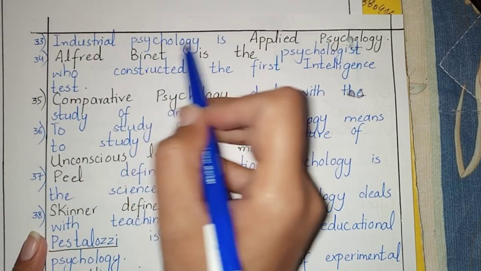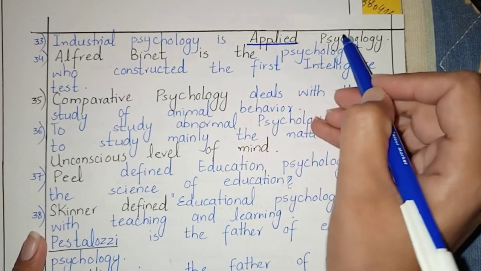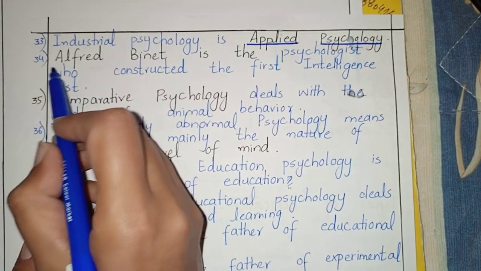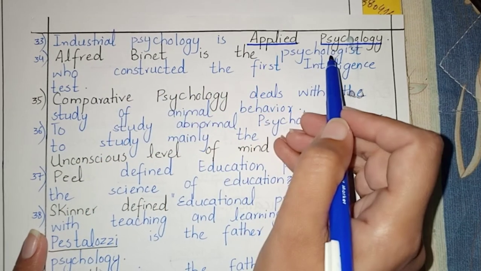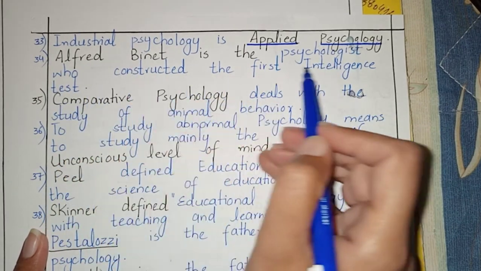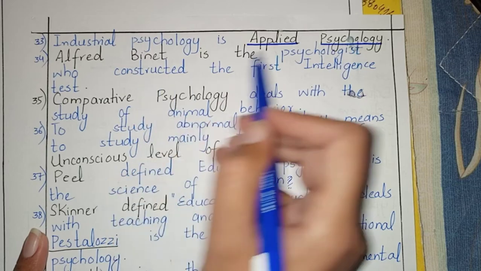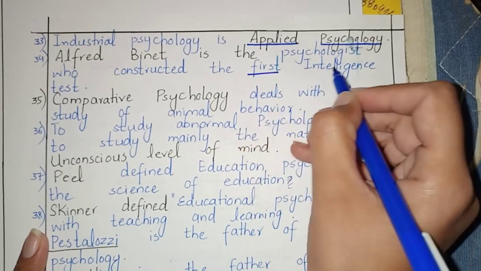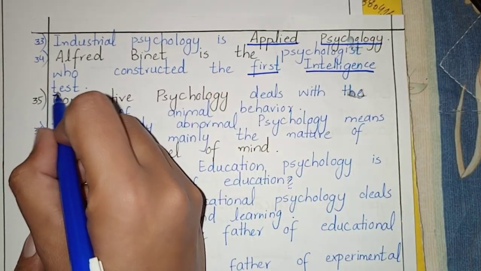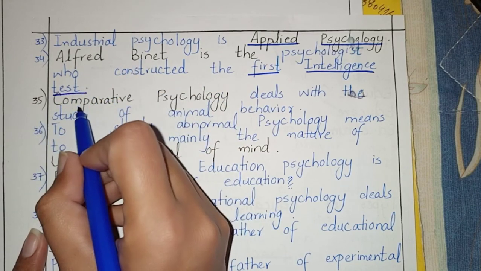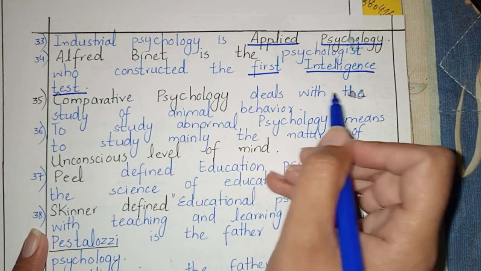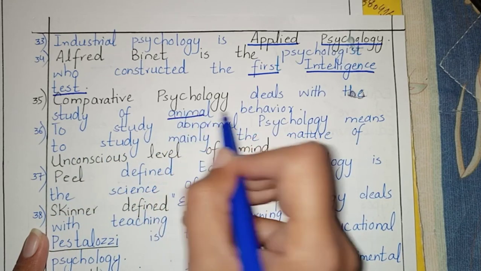Industrial psychology is applied psychology. Question number 34. Alfred Binet is the psychologist who constructed the first intelligence test. Remember, who made the first intelligence test? That is Alfred Binet. Question number 35. Comparative psychology deals with the study of animal behavior.